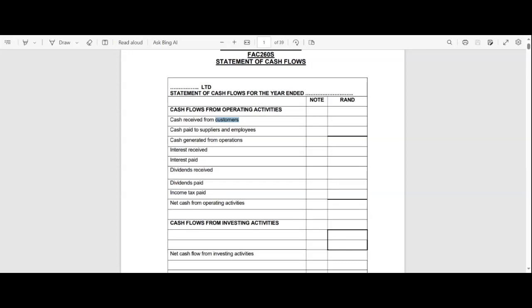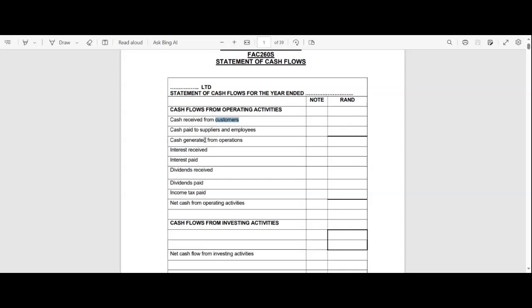We call it cash received or cash receipts from customers because it includes our cash sales as well as the money that is paid by our credit sales, our debtors, in other words, our accounts receivable, when they eventually pay us in 30 days or 60 days' time. Right. Just an important little point there.